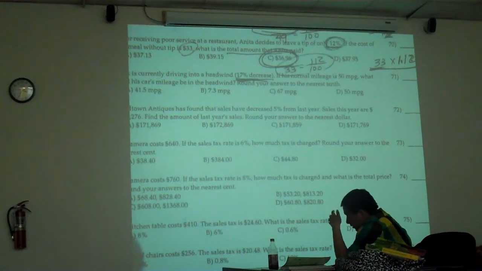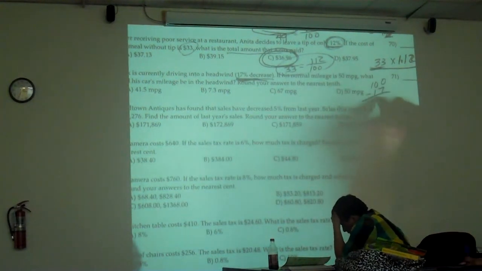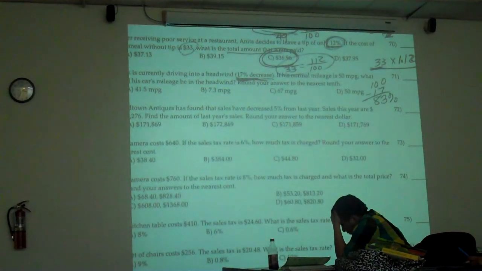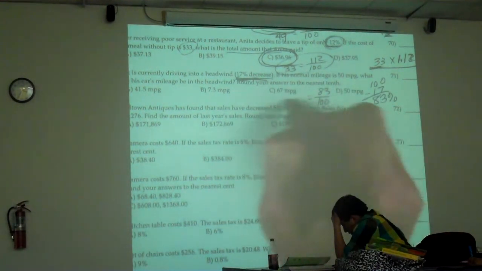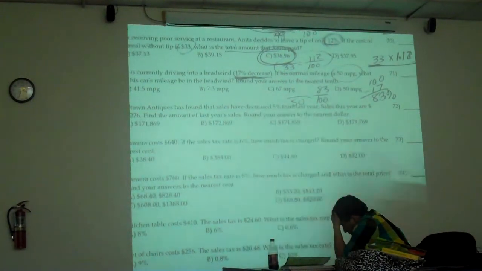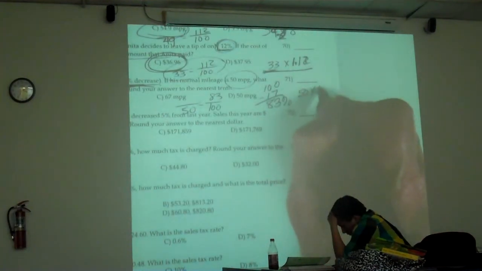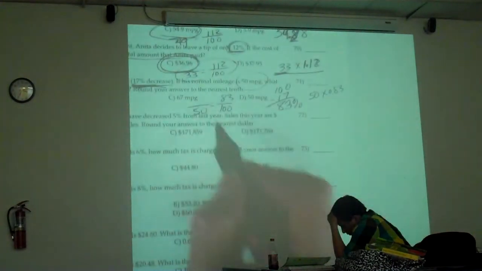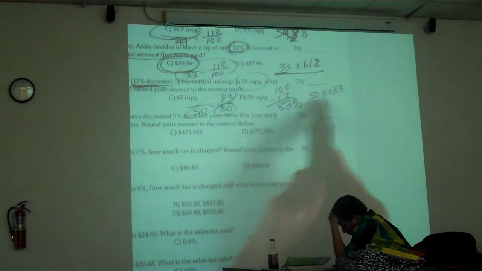You can do 100% minus 17, which is 83%. He's going to get 83% of his gas mileage now. You can do 83 over 100, or you can do the miles per gallon times 0.83, either way. 83 times 50 divided by 100, or 50 times this.